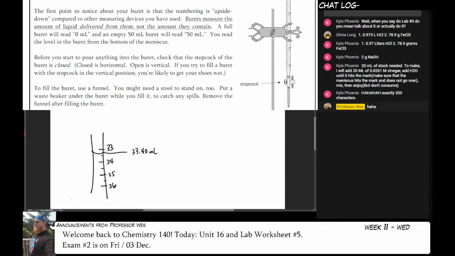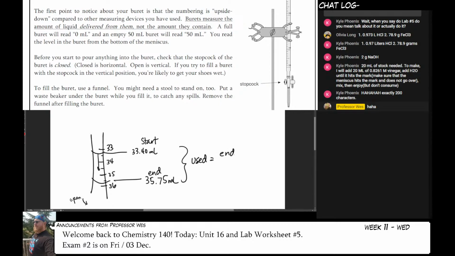When I open the valve down here, this will go down. And we'll say that it stops down here, and I close it again. So I started with this much volume registered. When I finished, I had this much volume. We'll just write that. How much was used?